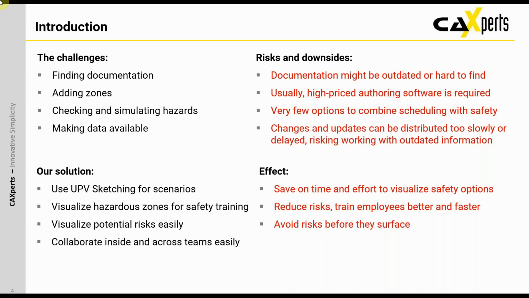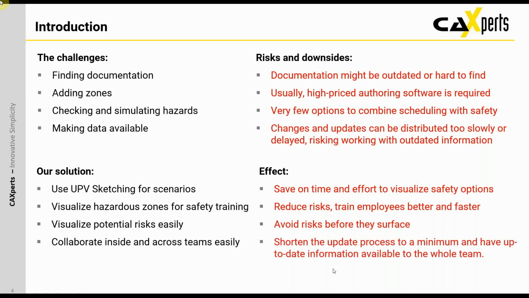And last but not least, make all this information available to a maximum number of stakeholders by using the workflow system to publish these details. The effect: shorten the update process to a minimum and have up-to-date information available to the whole team all the time.